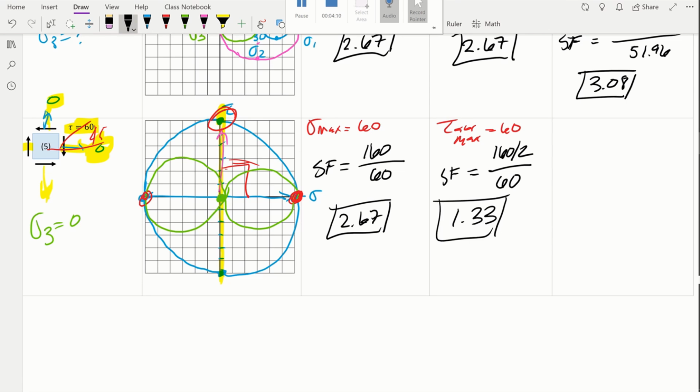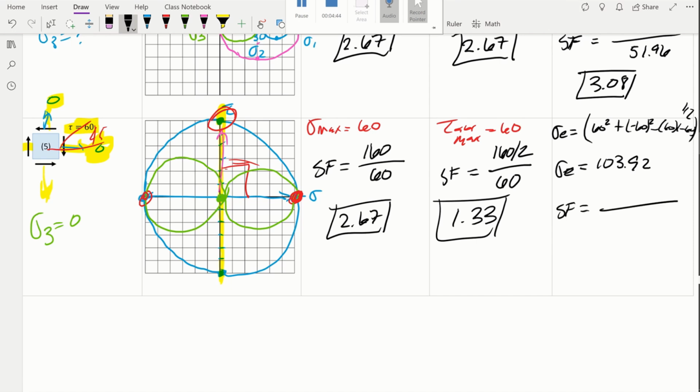And finally, let's calculate the equivalent stress. Well, what is sigma 1? 60 squared. What is sigma 2? Negative 60 squared, minus 60 times negative 60, and then all of that to the 1/2. If we plug all of that into the calculator, we get an equivalent stress of 103.92, which we then can use on the safety factor.